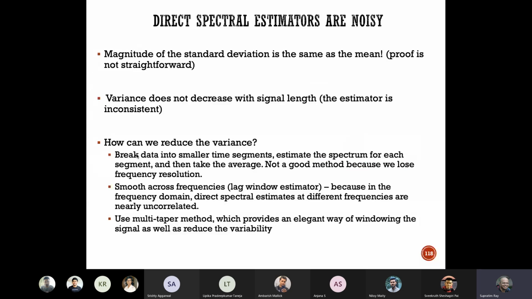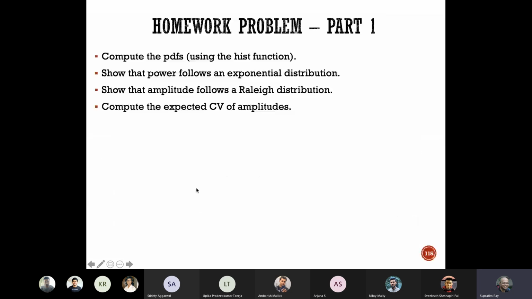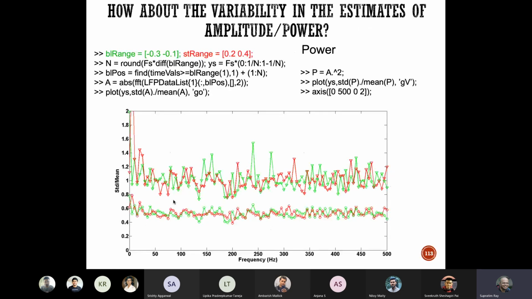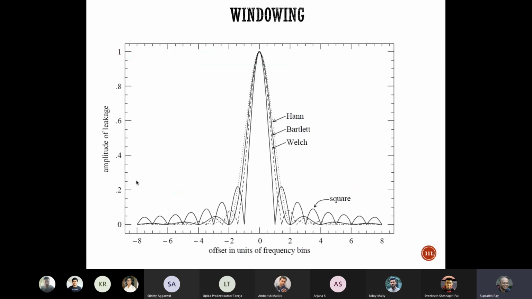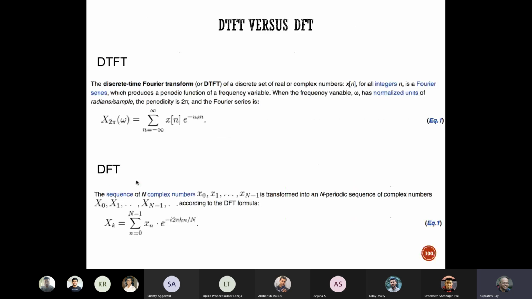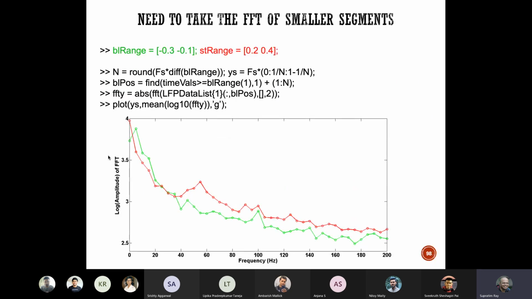Another strategy is that you can smooth across frequencies. Okay, so you've got a spectrum that looks like this. And I'm telling you that these values are quite variable on a single trial. But it turns out there's no correlation between the values that you get at one frequency and another frequency.